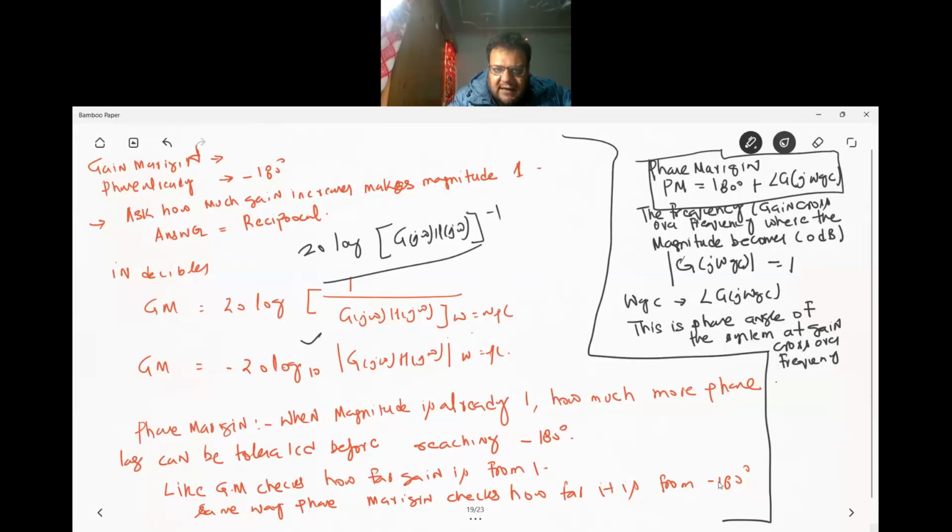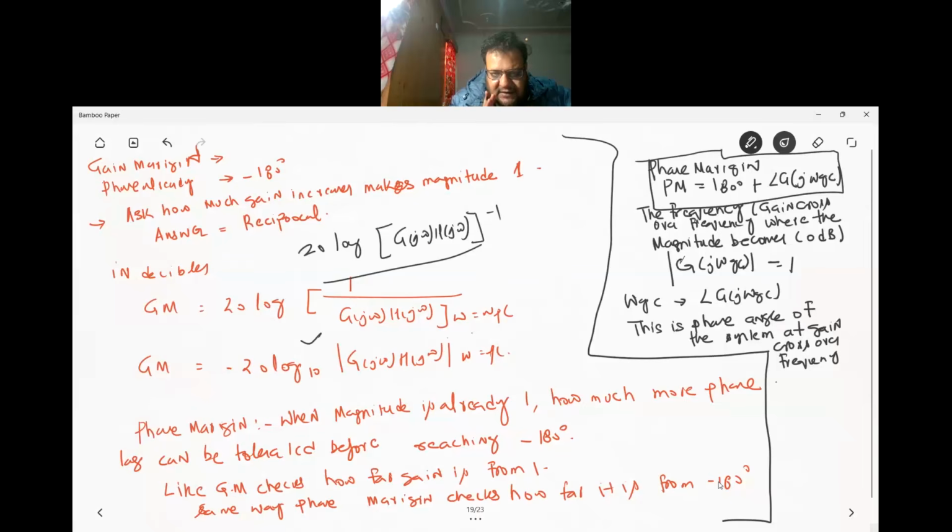Now, phase margin occurs at the gain crossover frequency. That means the frequency at which your magnitude plot crosses the 0 dB line is called the gain crossover frequency.